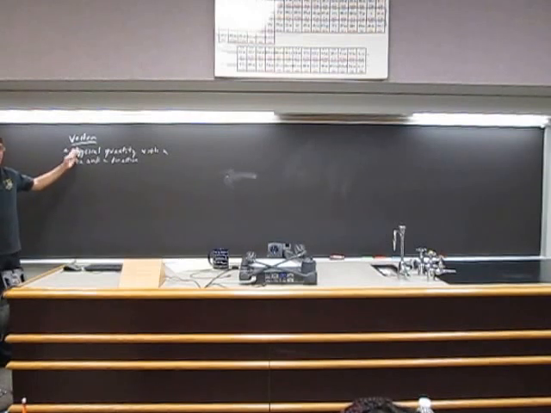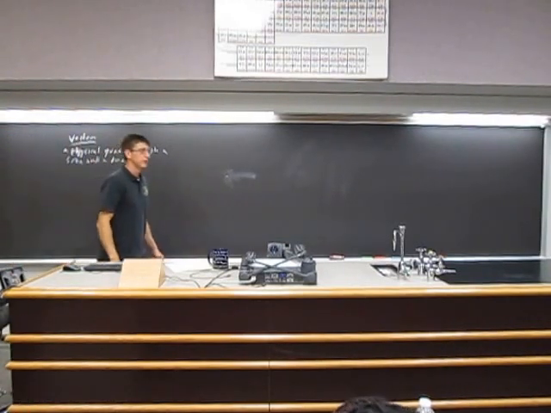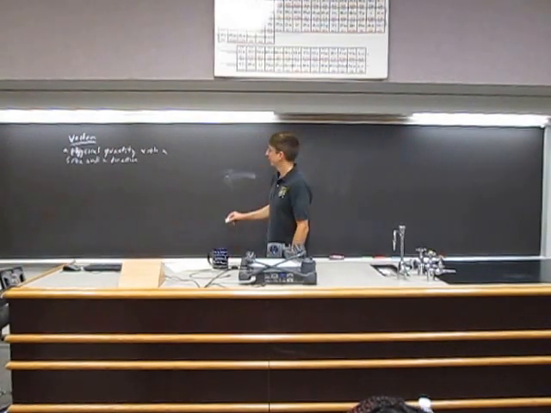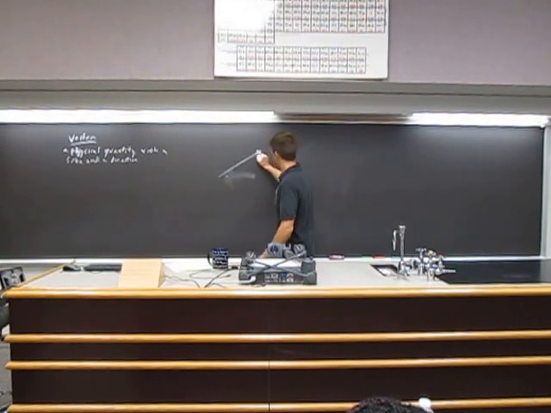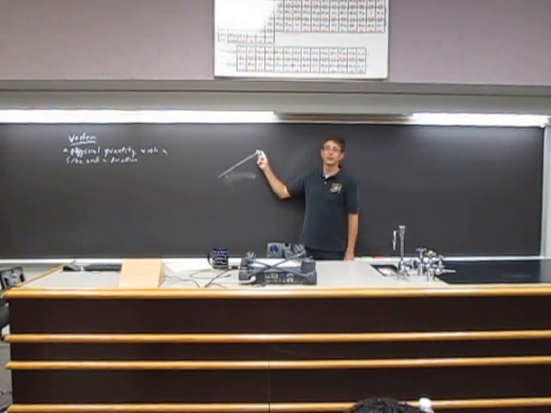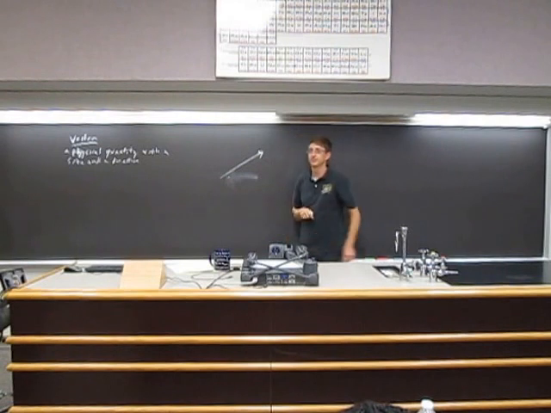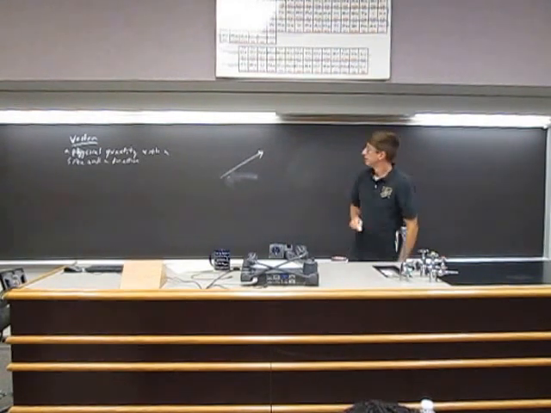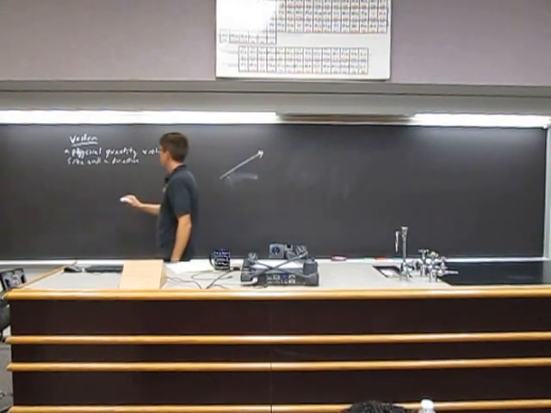As such, having a size and a direction, a good graphical way to represent a vector is just with an arrow. An arrow has a direction where it's pointing and a size, how long it is. Sometimes we'll also call this the magnitude of the vector.